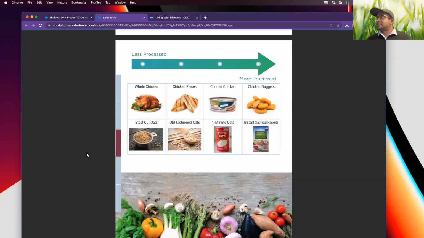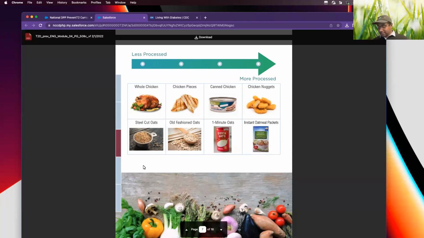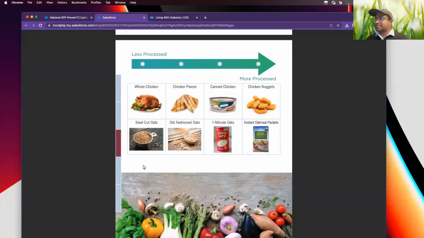For vegetarians, there's definitely a lot of tomato soup that you want to add, or some pasta sauce or something like that, and when you get this soup out of a can, I really think it gets worse as it gets into a can. And you'll notice even with oats, the steel cut oats are the less processed, but then the ones you get from the store, there's instant oatmeal.